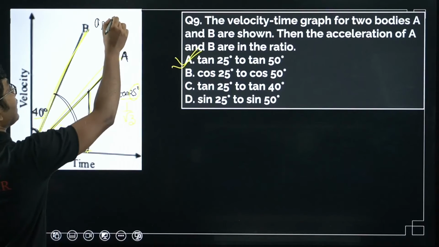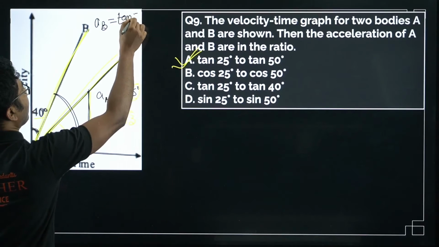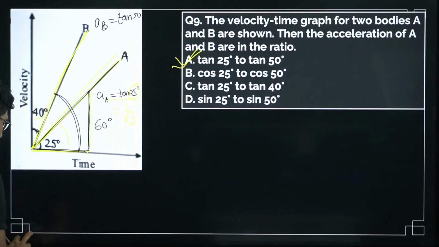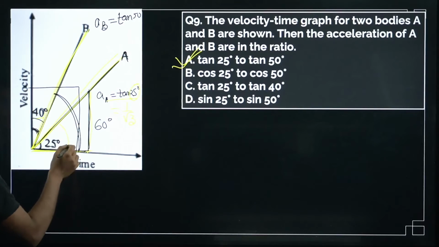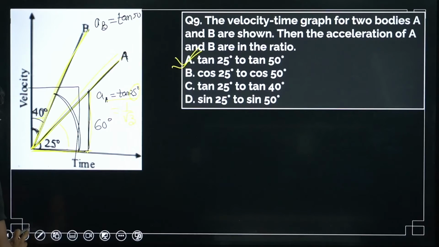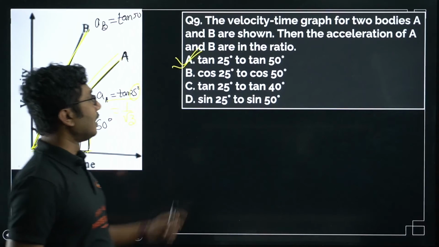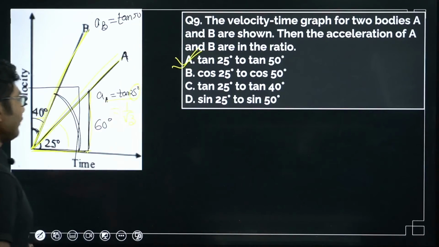So it will be tan 50. This angle is 90, so 90 minus 40 is 50. Anyway, the answer is option A, tan 25 to tan 50.